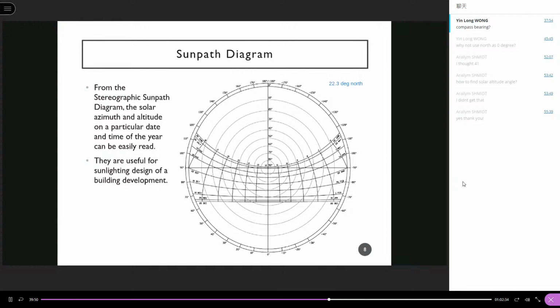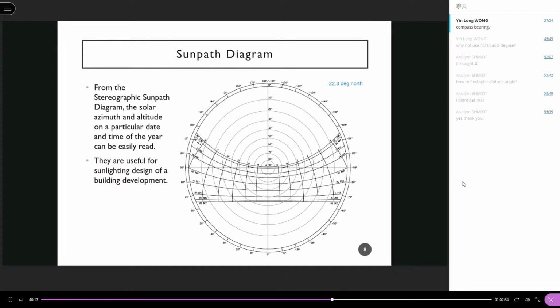If you are in Singapore, near the equator, or in Australia, or London, don't refer to this sunpath diagram, because it is only for 22.3 degrees north, not necessarily Hong Kong. When the latitude is 22.3 degrees north, then you can use this sunpath diagram.